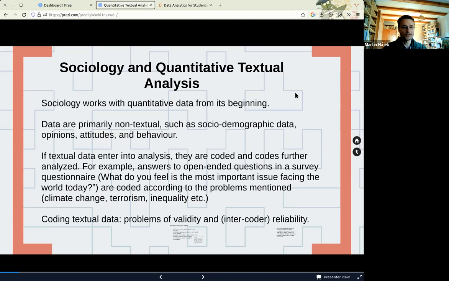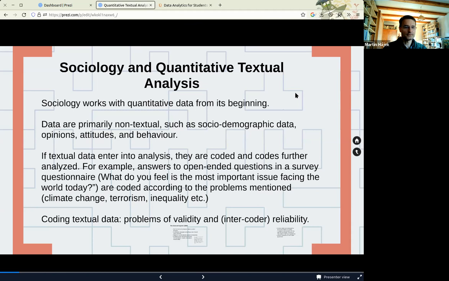If we have the question, what do you feel is the most important issue facing the world today? The problem of validity would be that some people would respond, I think the most urgent problem is climate change. And other people would say, I think the most important problem is global warming.